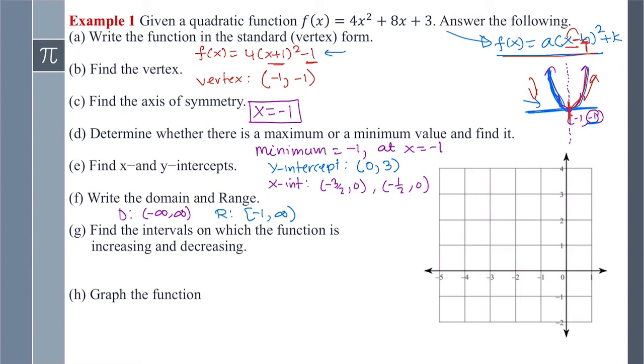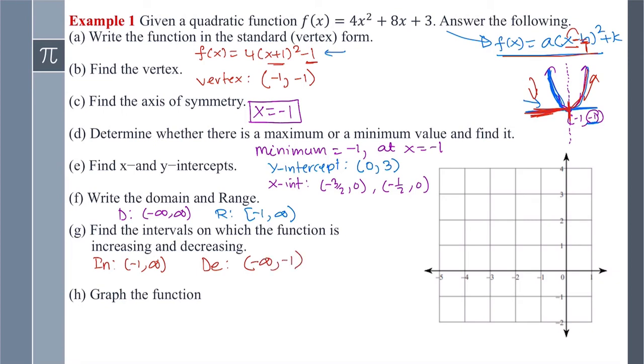When we write the interval, we write on what x values the function is increasing or decreasing. So the function is increasing on the interval from this point to the right. So this point is -1 to infinity, and it is decreasing on the interval over here on the left from -1. So we write from -infinity all the way to -1.